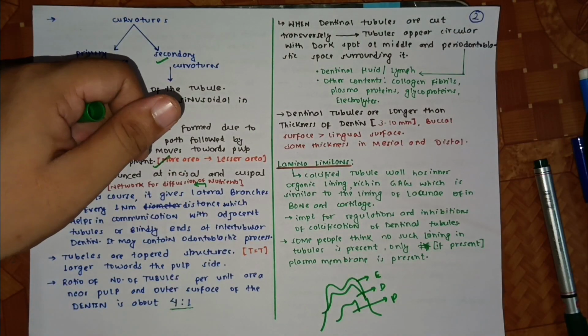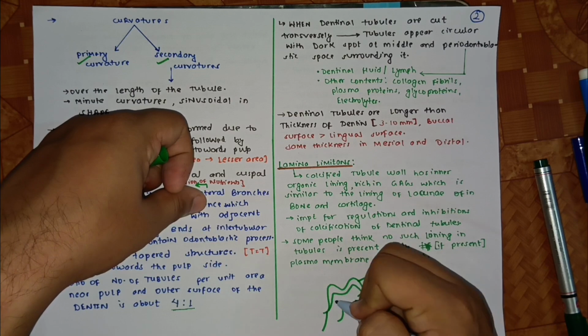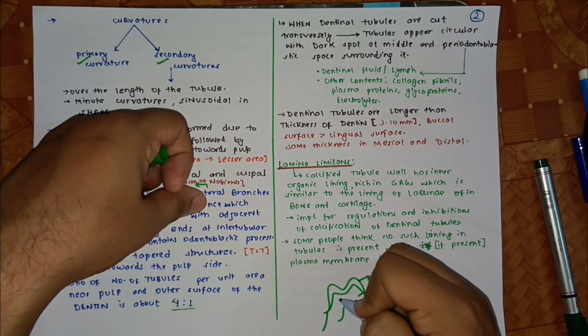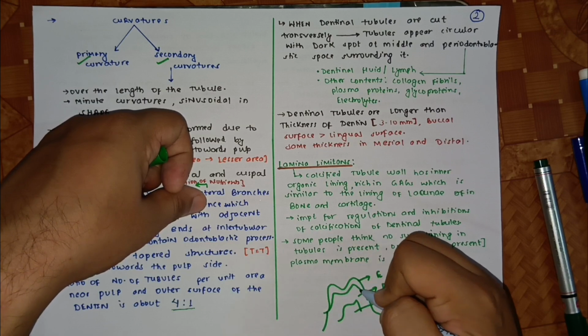Just think like that. At the dentino-enamel junction, the surface area of the pulp is less, and the surface area present at the dentino-enamel junction is larger.